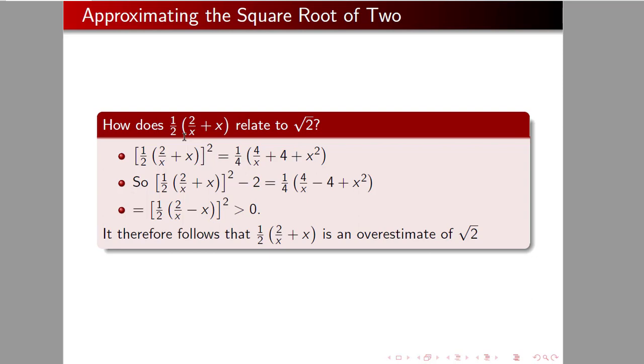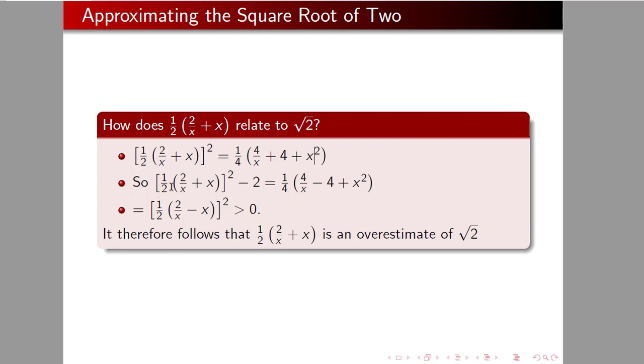And so now let's take a look to see how this new approximation relates to the square root of 2. So let's square it. The square of the new approximation will be 1/4 of 4 over x plus 4 plus x squared. Now, how does this compare to 2?